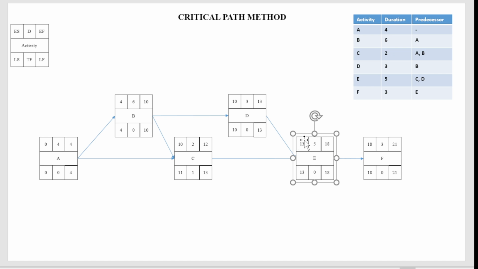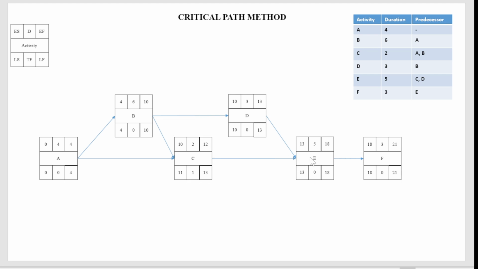Activity E has predecessors D and C. It has a finish to start relationship. I already mentioned that if no relationship is mentioned in the question, by default it will be finish to start, meaning finish then start. Activity D finishes on the 13th day, activity C finishes on the 12th day.